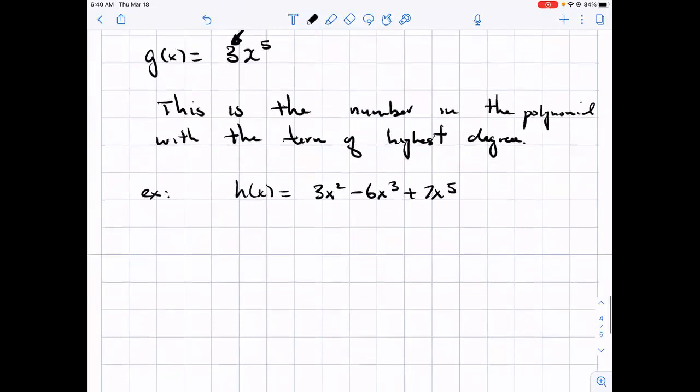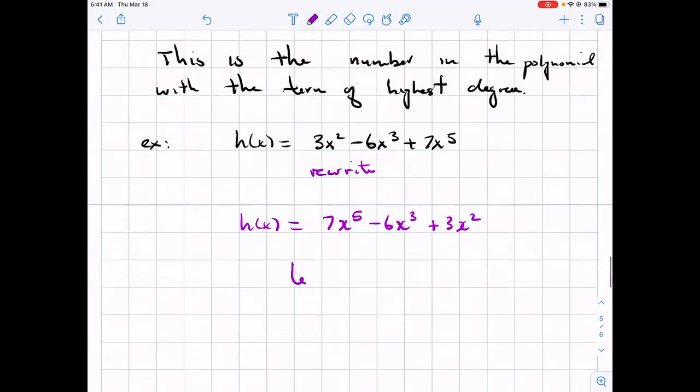What we have to do is rewrite it, and if we rewrite this, we have h of x is equal to 7x to the fifth minus 6x cubed plus 3x squared. So therefore, the leading coefficient is 7. This is our leading coefficient.